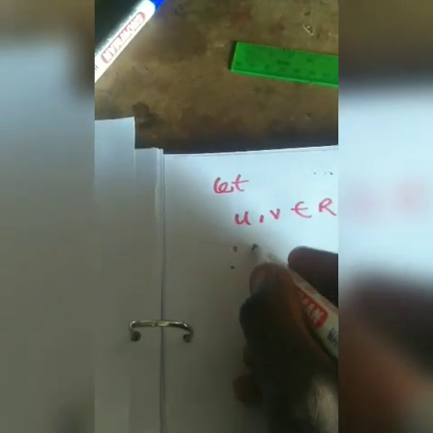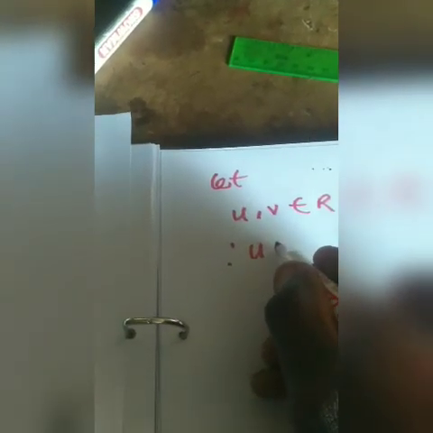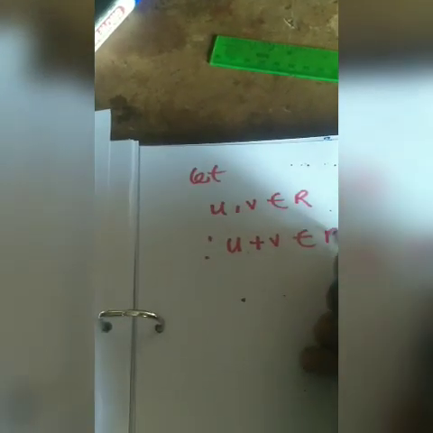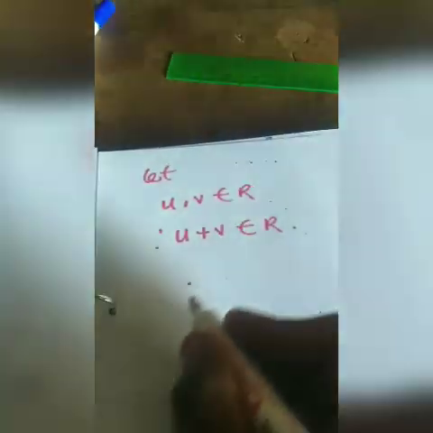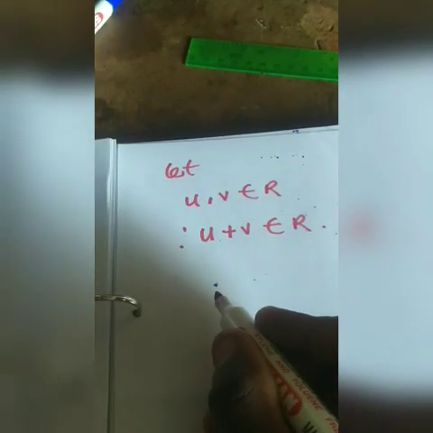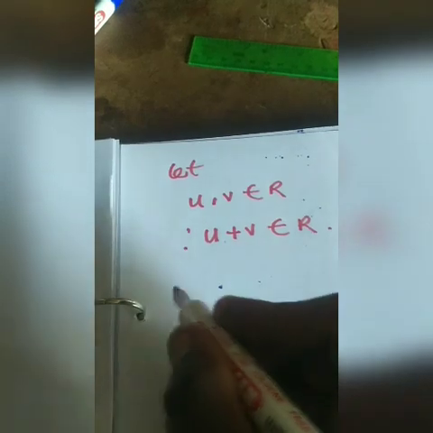Then we'll say let u, v be members of R, such that u plus v is also a member of R. So the v and the u are vectors in the vector space W.